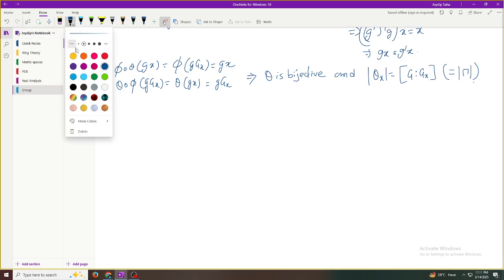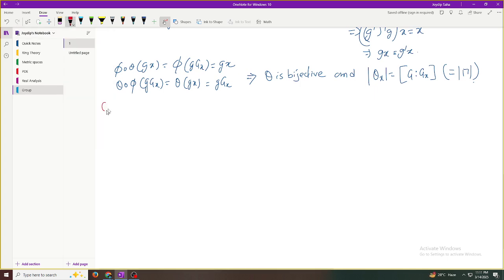Next observation, let G act on G. What is this?